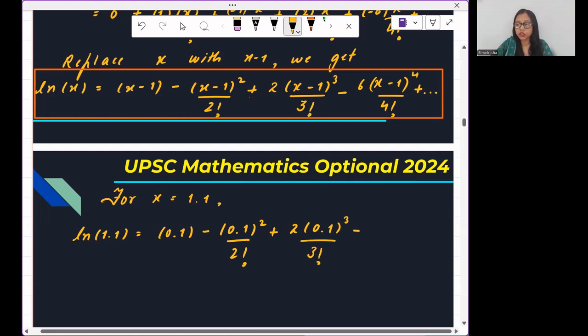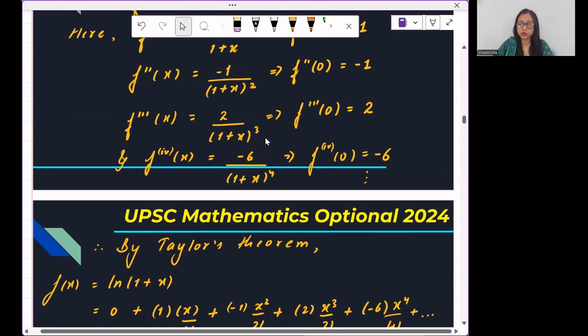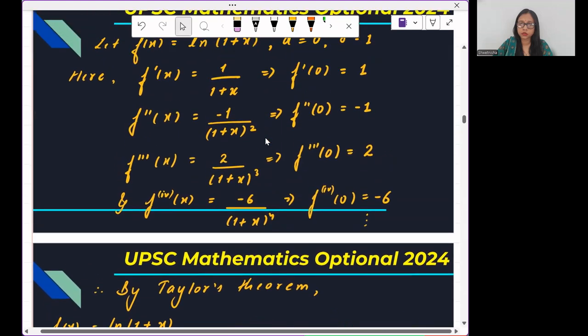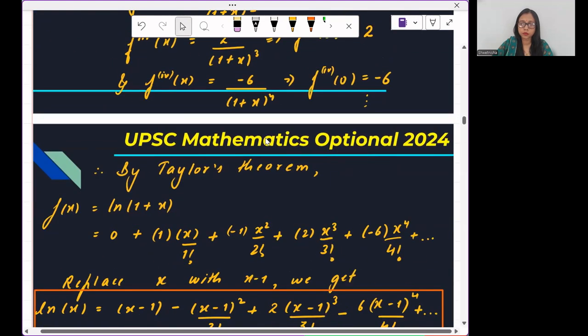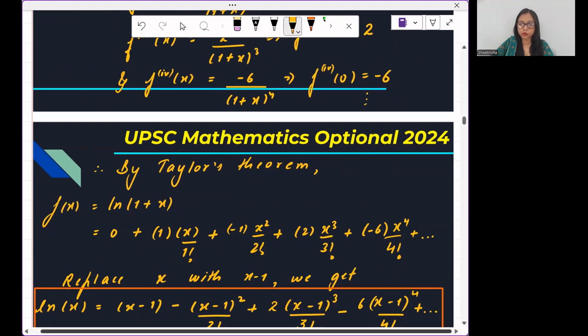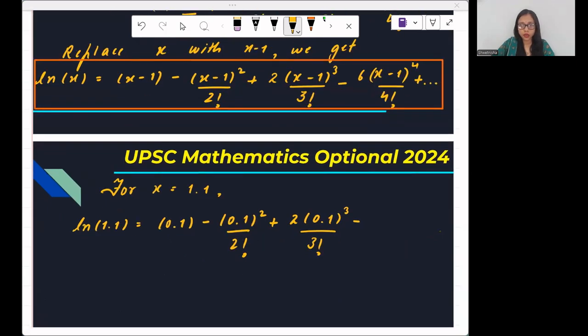And the question asks only for and this would be 6 times 0.1 raised to power 4 divided by 4 factorial, and so on.